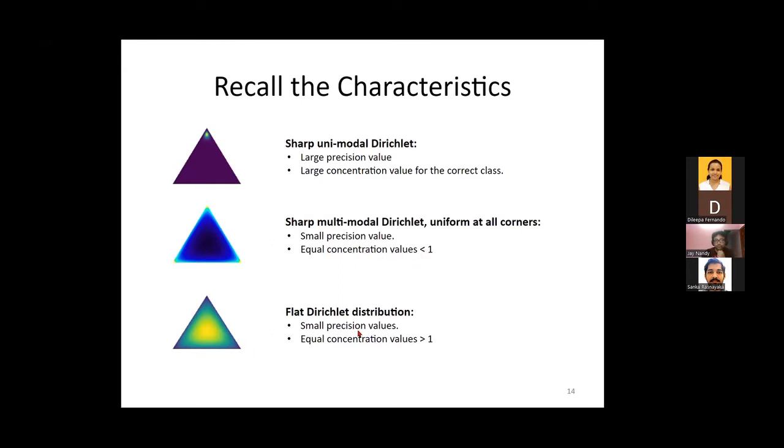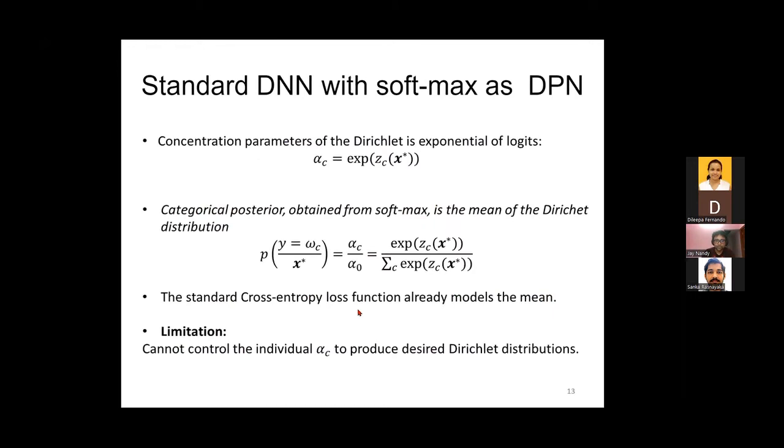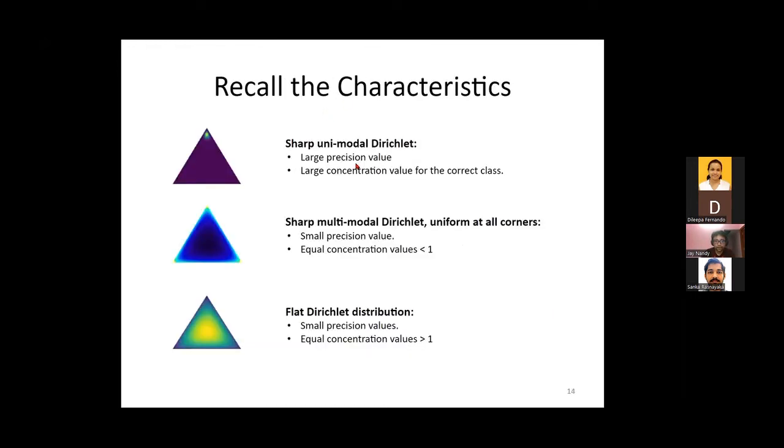For this we want to produce exponential values which should be close to 1. Alpha is close to 1, so these alpha c's are going to be close to 1, right? Then we are going to produce a flatter representation over the simplex instead of a sparse one.